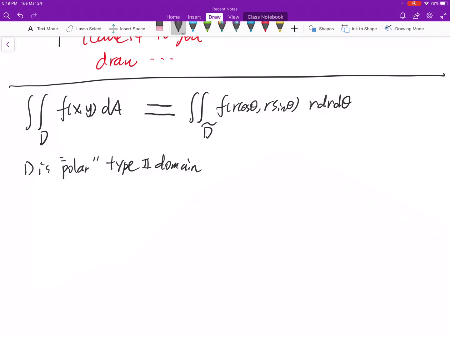Okay, next we can use, so this step is the transformation law between xy coordinates and the polar coordinates.